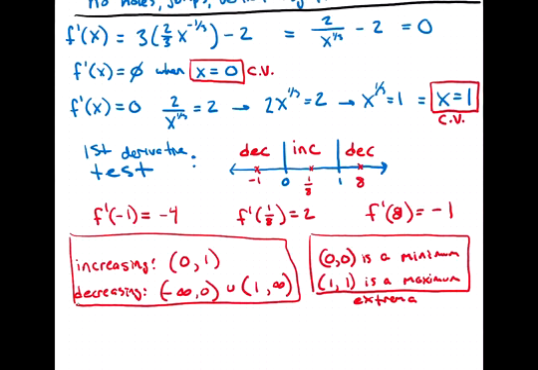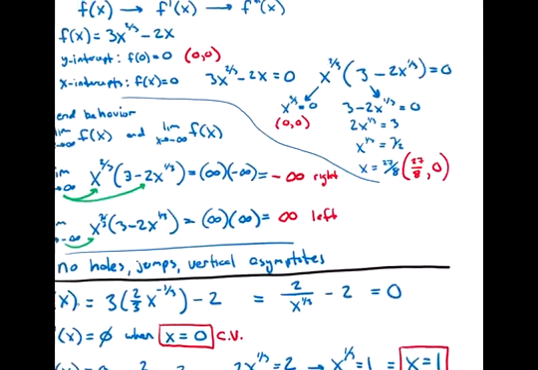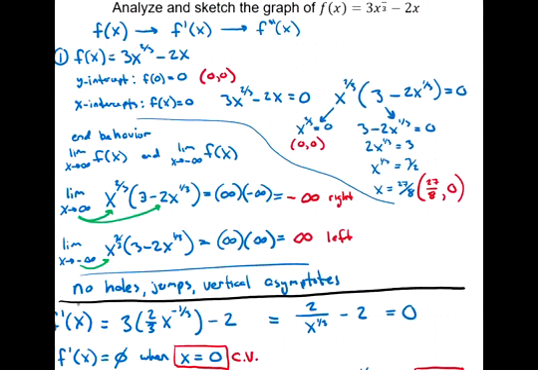All right, so we've done what we can with the original function. We have our intercepts, we have our end behavior, we have the fact that there's no holes, jumps, or asymptotes, the domain of the function, and we should probably write this also, the domain is negative infinity to infinity, and that's a result of there being no discontinuities.